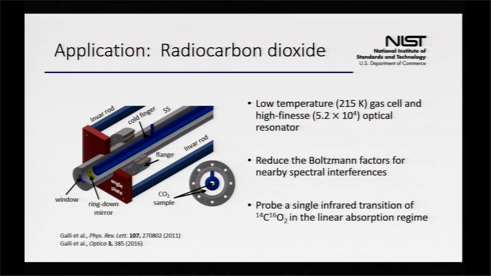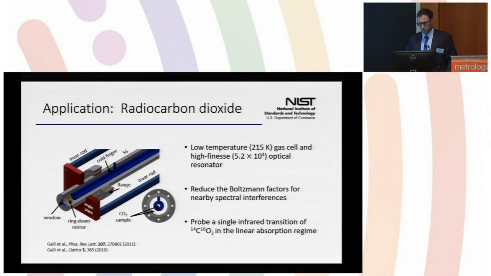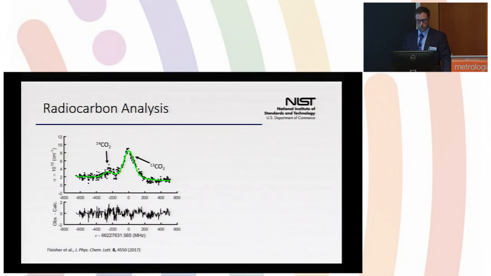This sort of optical technique was first demonstrated by Galli and his colleagues at INO in Italy. They were using a highly nonlinear optical technique, whereas here we're doing linear absorption spectroscopy, so we're leveraging Beer's law, just as was described earlier.